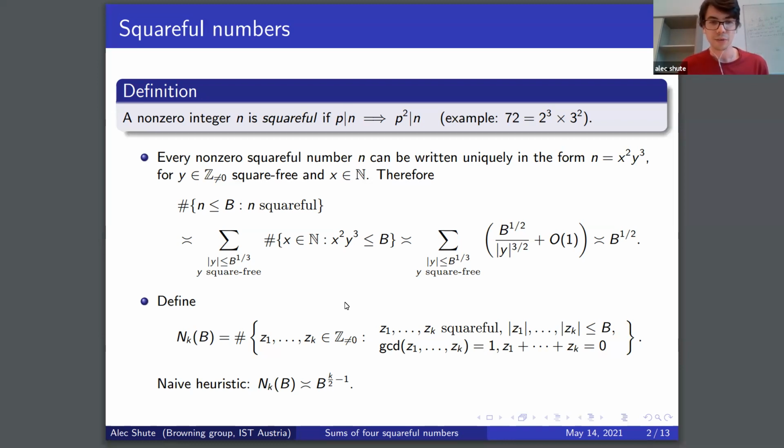Very naively, we might guess that N_k(B) should be like a constant times B to the k over 2 minus 1. This is because we've got B to the k over 2 choices, up to a constant, for these Squareful numbers z_1 up to z_k. And you might guess that the probability that they sum to 0 would be like 1 over B, which gives you this minus 1.